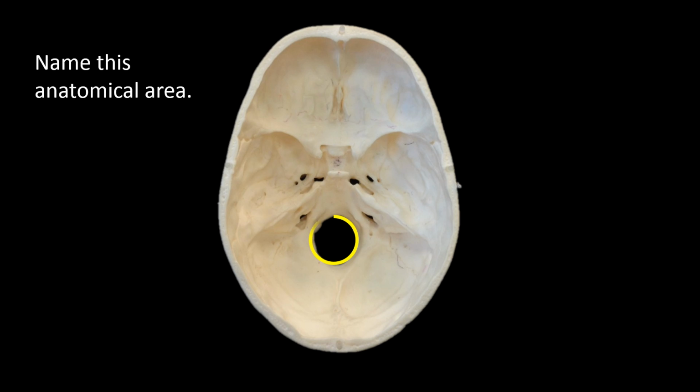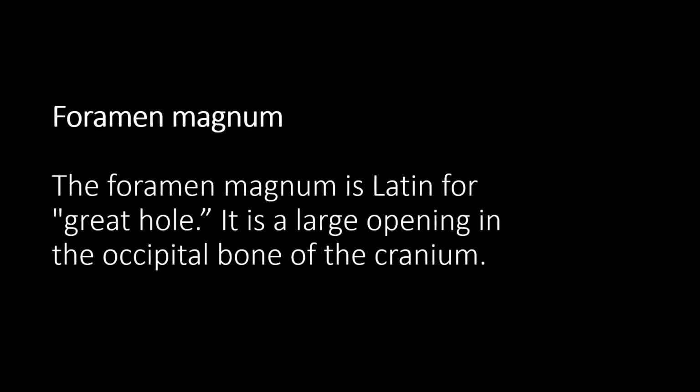Name this anatomical area. Foramen magnum. The foramen magnum is Latin for great hole. It is a large opening in the occipital bone of the cranium.